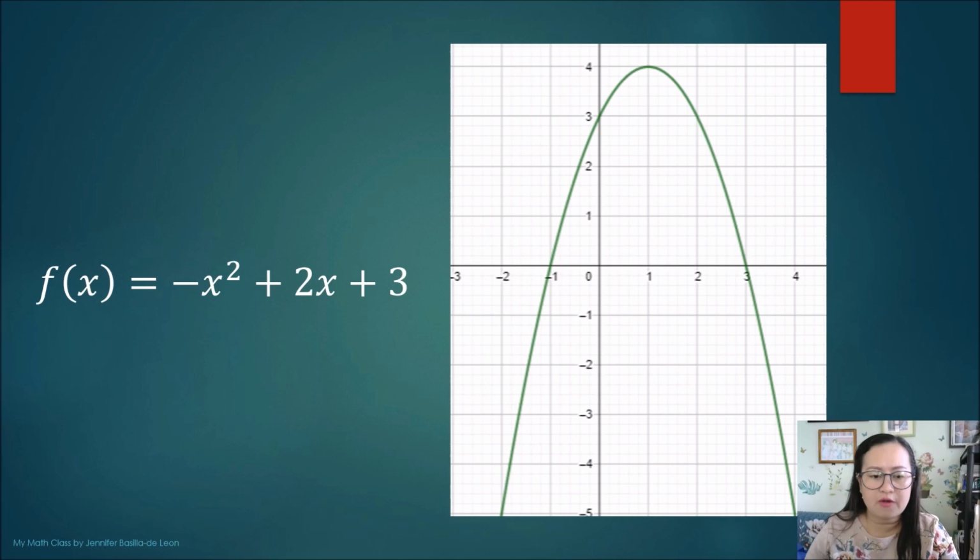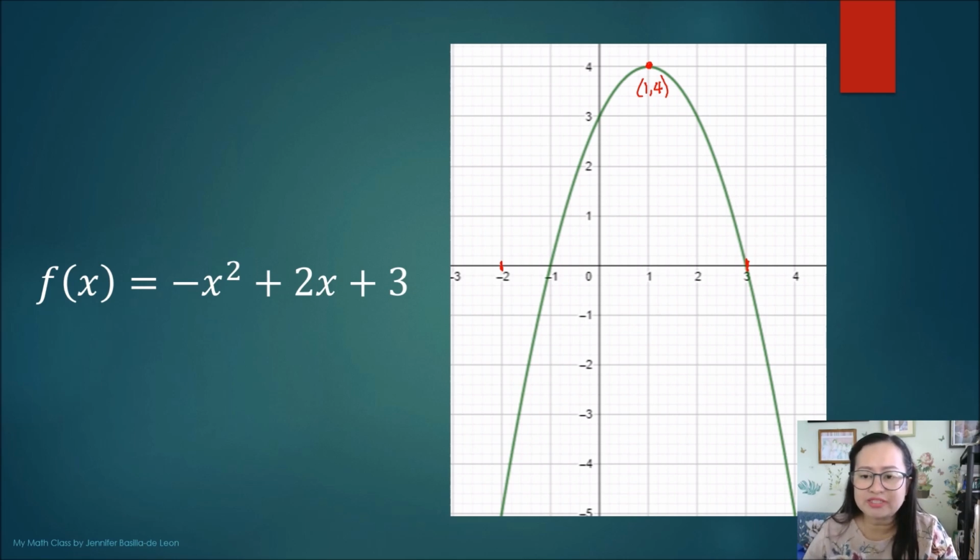Now consider the function f of x equals negative x squared plus 2x plus 3. On its right, you can see its graph. Let's say we're considering the open interval from negative 2 to positive 3. On the graph, we can say that the highest point can be found at (1, 4).